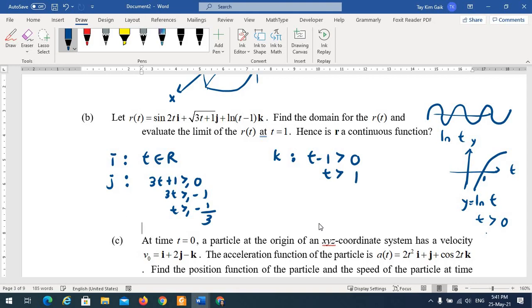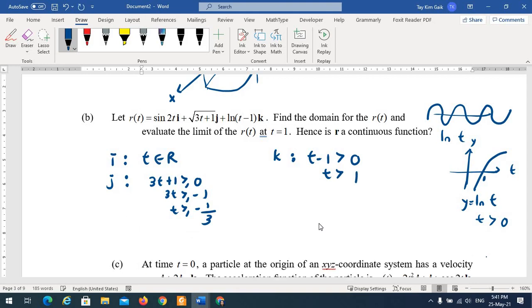The domain for a vector valued function is found by combining these three domains. Component i says t is a member of real numbers. Component j says t is greater than or equal to negative 1/3. Component k says t is greater than 1. So what is the intersection? Draw the real number line, negative 1/3 is here, and 1 is here. Component j says greater than or equal, so a dark point. Component k says t greater than 1, not included.